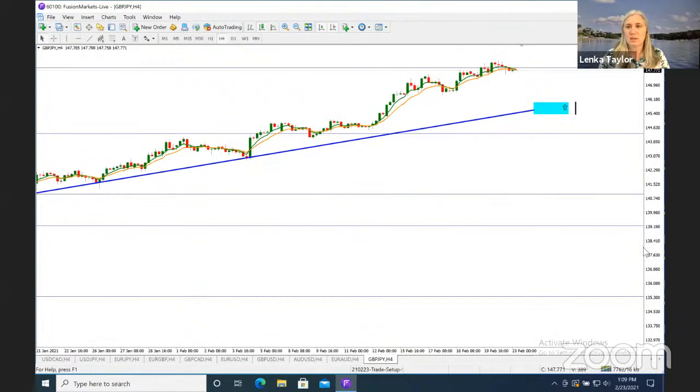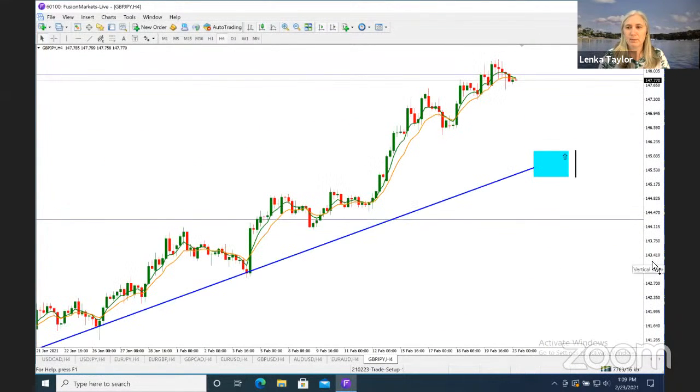So I'm probably just going to wait until it comes back down to go with the trend and look for a long position there. So looking for this price now to drop down near the horizontal line, and then looking for price action that would allow for a long position to be entered.